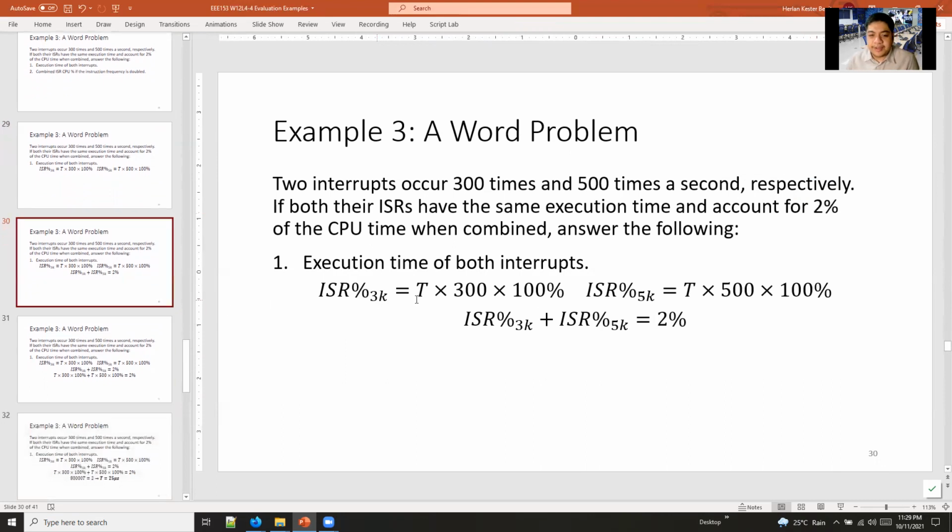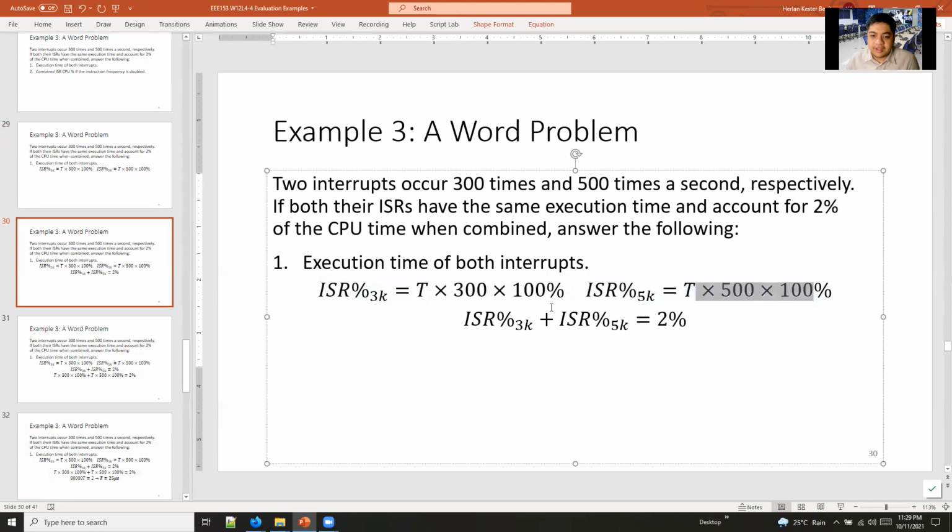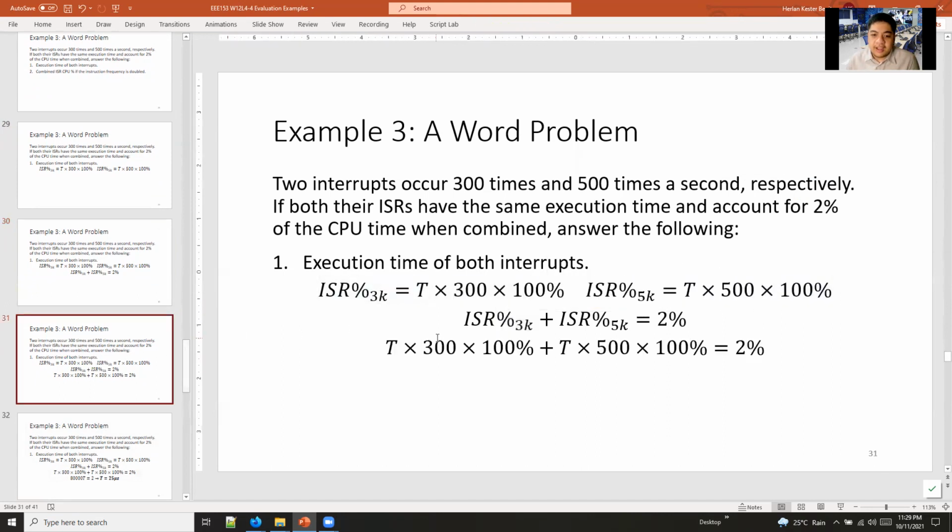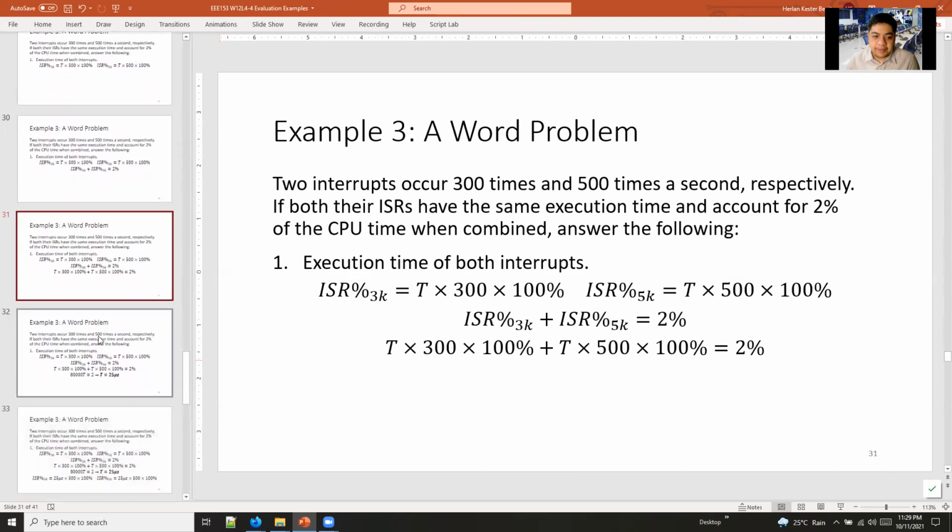So, ayun, substitution lang, lagay natin yung dalawang sa taas, dito sa left-hand side. T300, T500 equals 2%. And essentially, mawawala yung mga percentage.